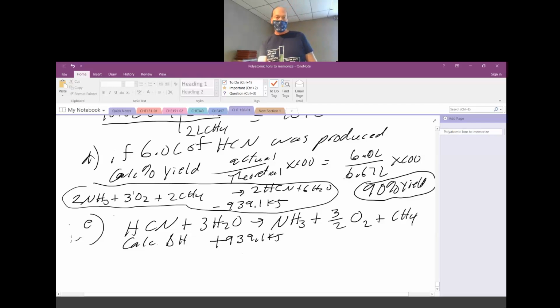939.1 kilojoules. Then you see that I had 2 HCNs and 6 H2Os. Now I only have 1 HCN and 3 H2Os. So you see that I divided this reaction through by 2. And so I have to divide my delta H by 2.